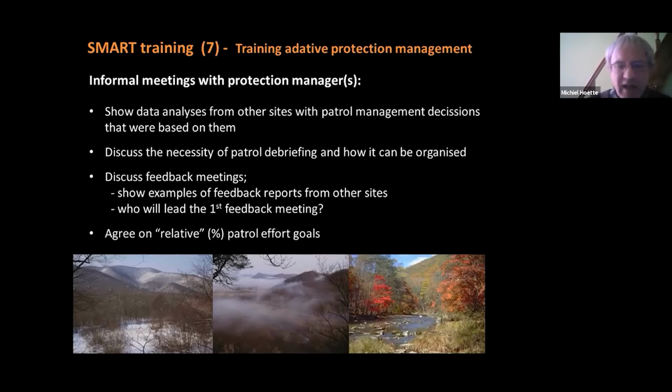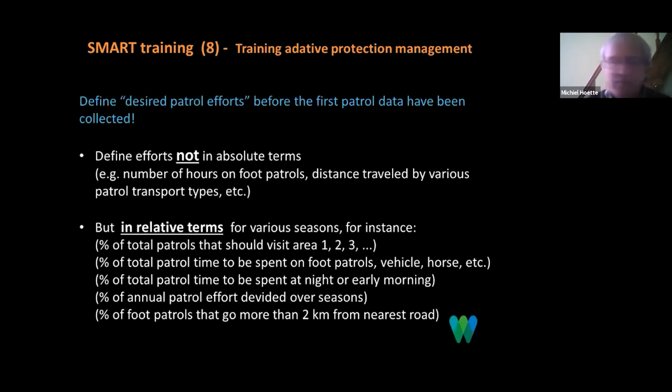And what I think is important, before you start collecting data and assessing the data that come in, is to have an agreement on what you consider to be good patrol quality, and to define that in a relative way. I'll explain what I mean by that.